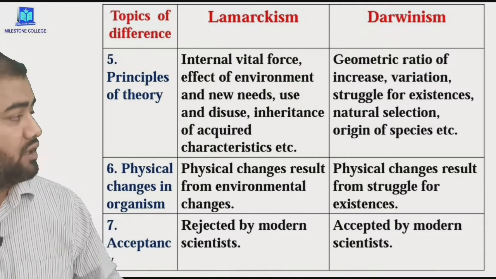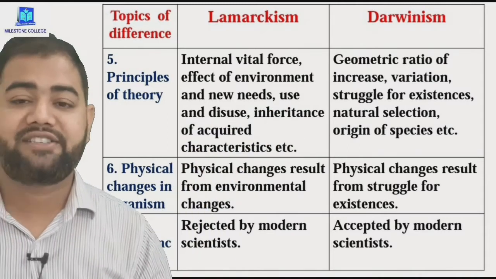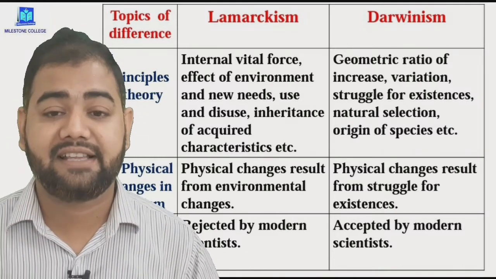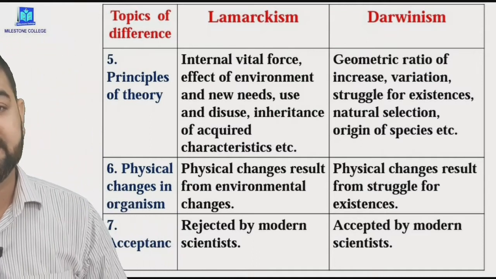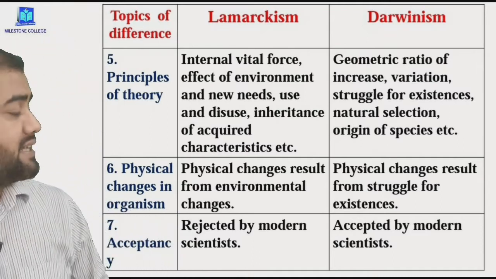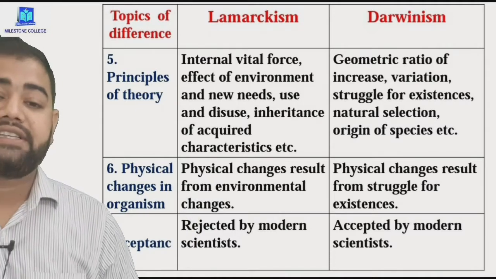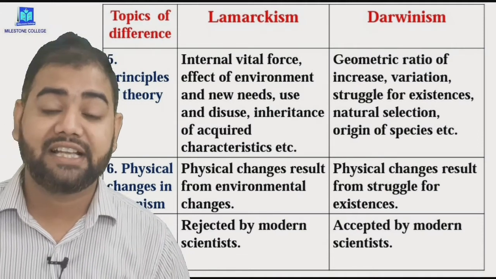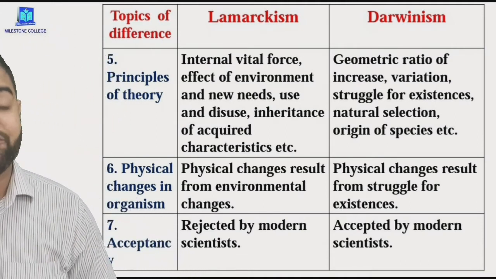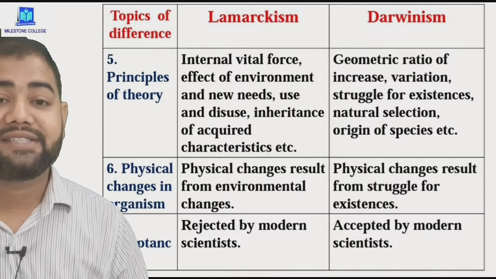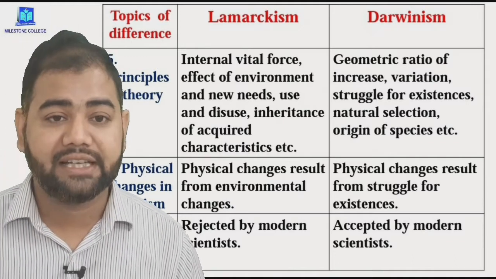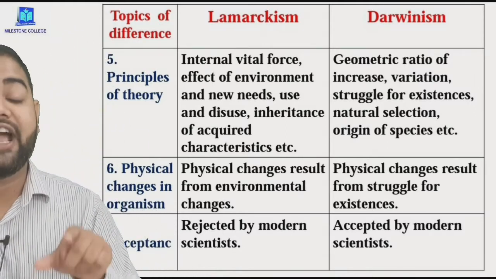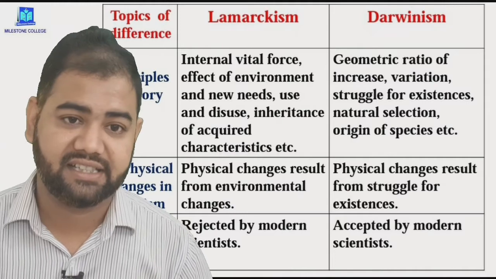And the principal theories of Darwinism are geometric ratio of increase, variation, struggle for existence, natural selection, origin of species, etc. Physical changes in organism: in Lamarckism, physical changes result from environmental changes, and in Darwinism, the physical changes result from struggle for existence. Number 7, acceptancy. Lamarckism is rejected by modern scientists, but Darwinism is accepted by modern scientists.